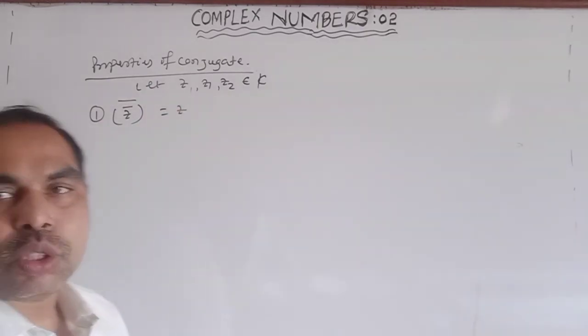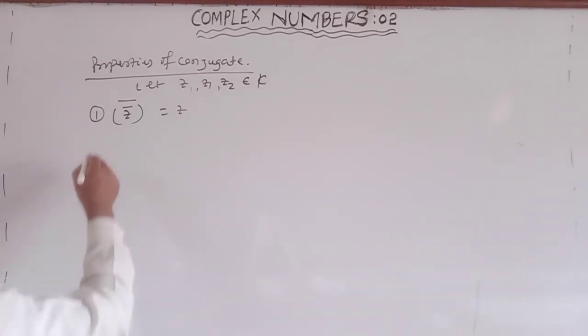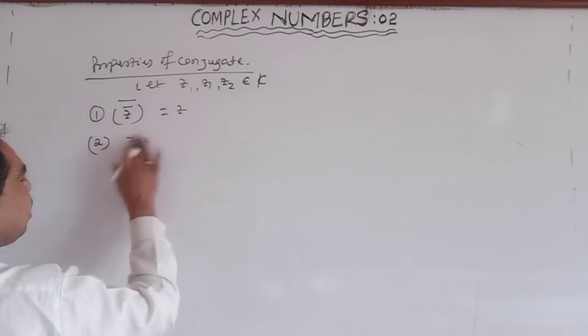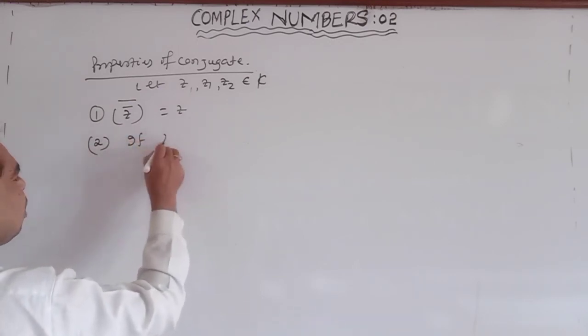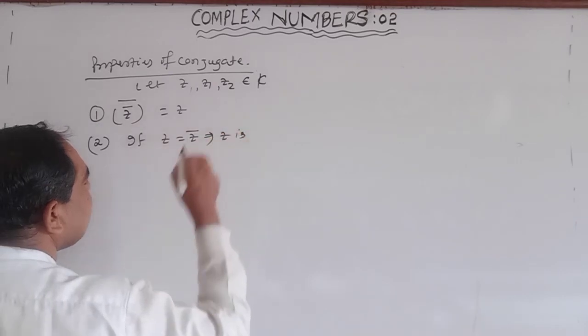The conjugate of the conjugate of z is z itself. Property 2: if z is equal to z bar, this implies z is purely real.